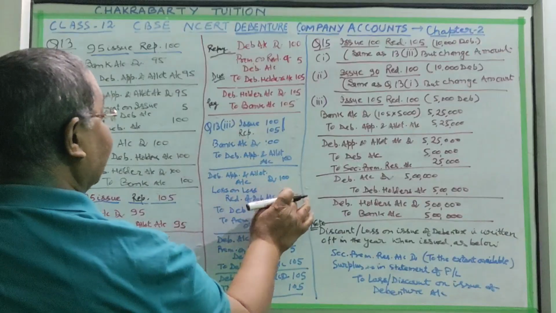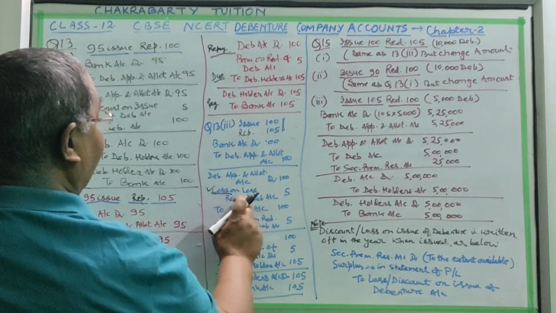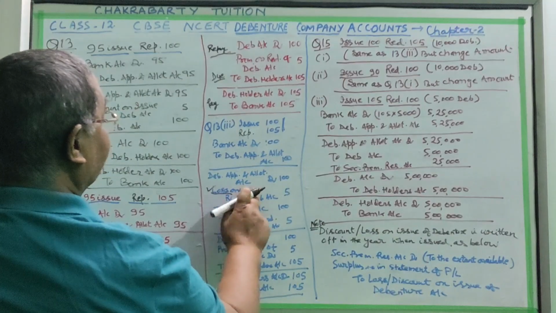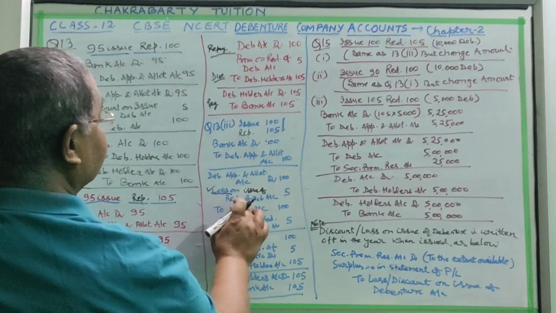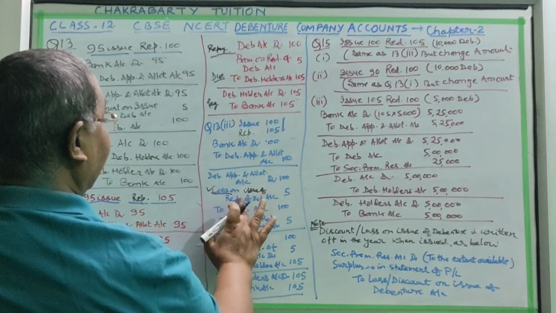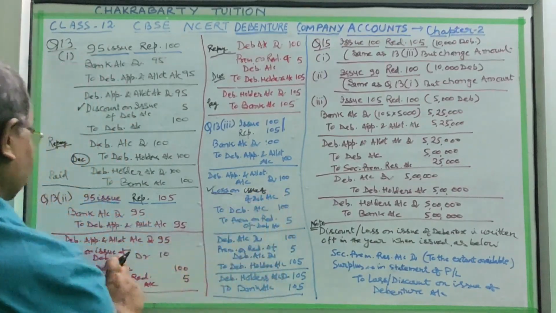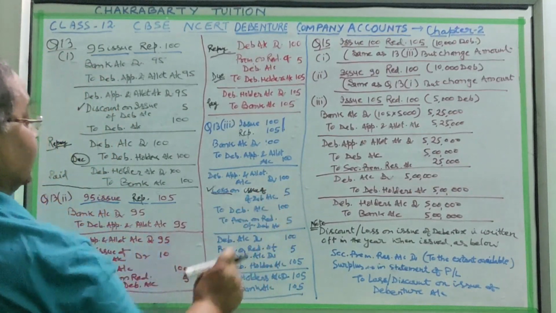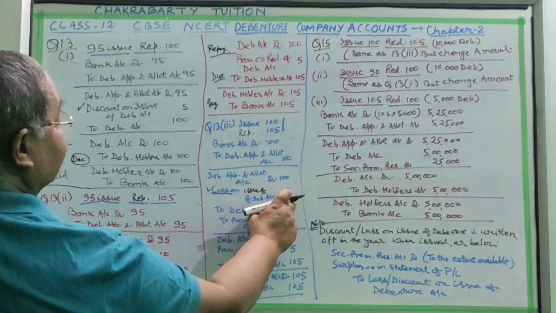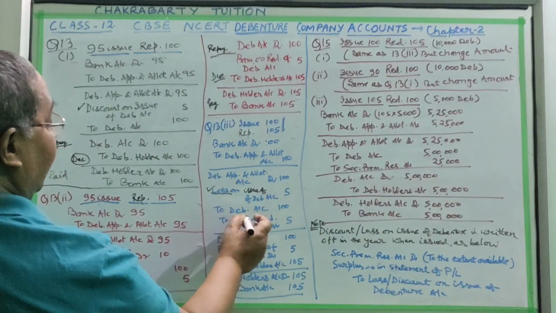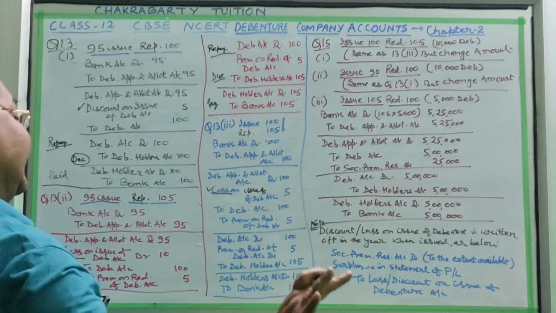So though only the repay premium word is here, you have to debit loss on issue of debenture account by 5 rupees, and credit debenture account 100 rupees. And this loss you will transfer to premium on redemption of debenture, 5 rupees, as a credit balance.